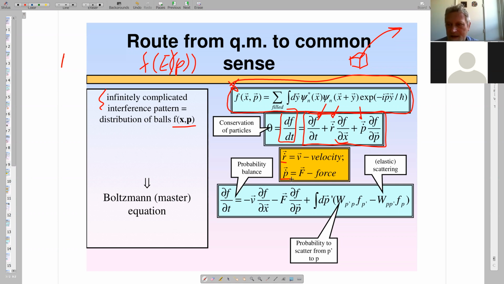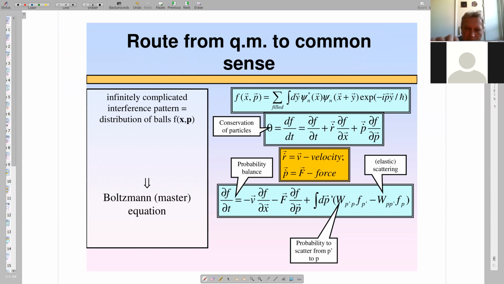who knows how this equation is called? But you have seen it at least once in your courses. Which one? Let's see.